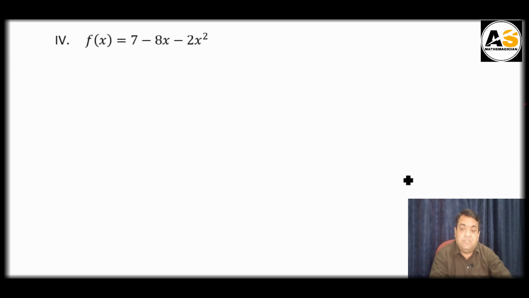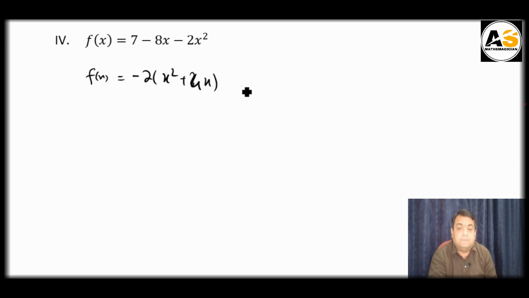Next part of the question, f of x is equal to 7 minus 8x minus 2x square. Dear student, here again the coefficient of x square is negative, so what will I do? I will take out minus 2 common from the last 2 terms.